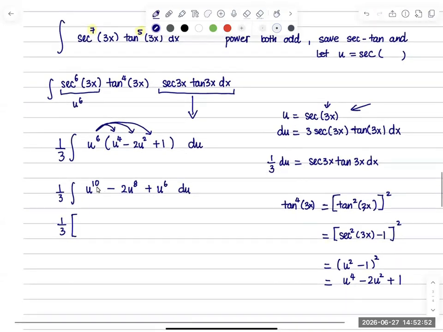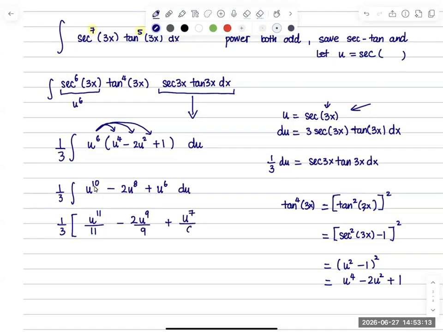Whenever we integrate a power function, we increase the power and divide by that new power. So the 10 becomes 11, and we have u to the power 11 over 11, minus 2u to the 9 over 9, plus u to the power 6 over 6, and then plus c.